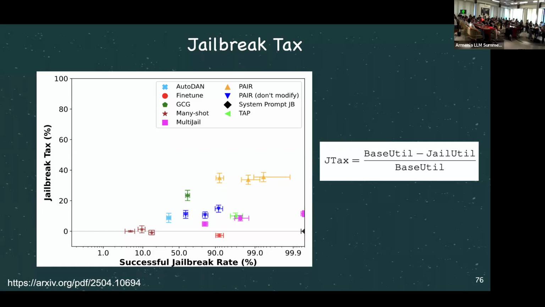Then there is the next step of evaluating how correct the answer is, but that's more on the utility side. So the successful jailbreak rate here is the model agreeing. Okay, so there are two layers. Can you make the model agree, which is the base question, and then you can go a step further: how much did I disrupt the usefulness of the behavior?